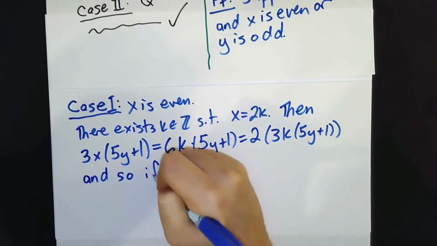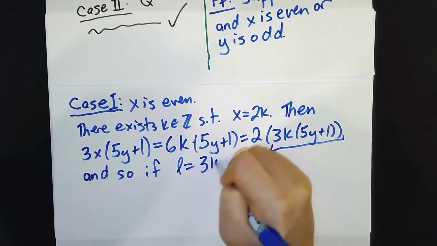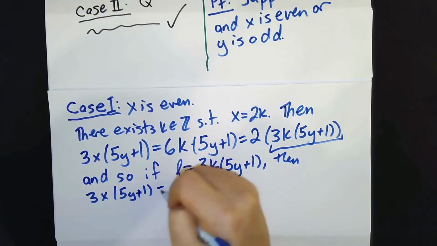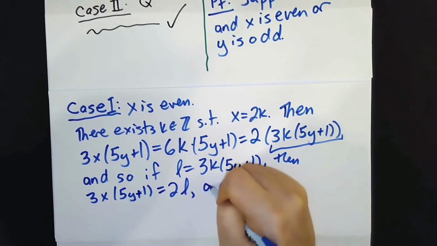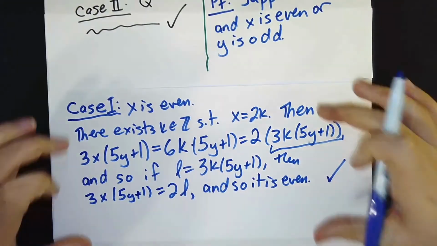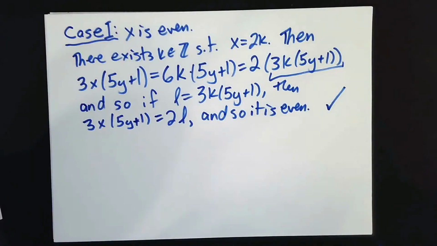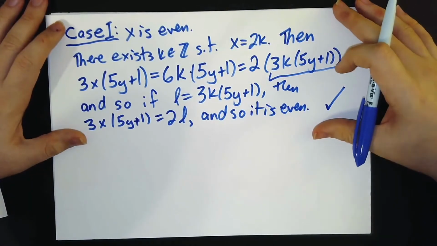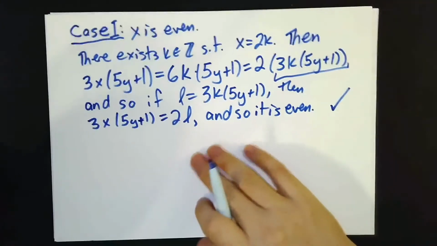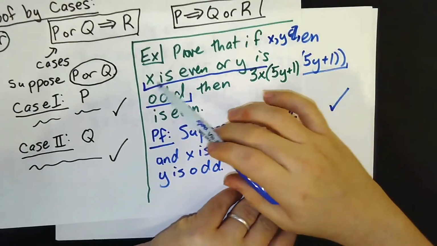And so if L is that piece, then 3x times 5y plus 1 is 2L, and so is even. That has finished our proof in this case. But please note we're not done. We've only addressed the possibility that x is even. But it could well be that x is even or y is odd, but x is odd.